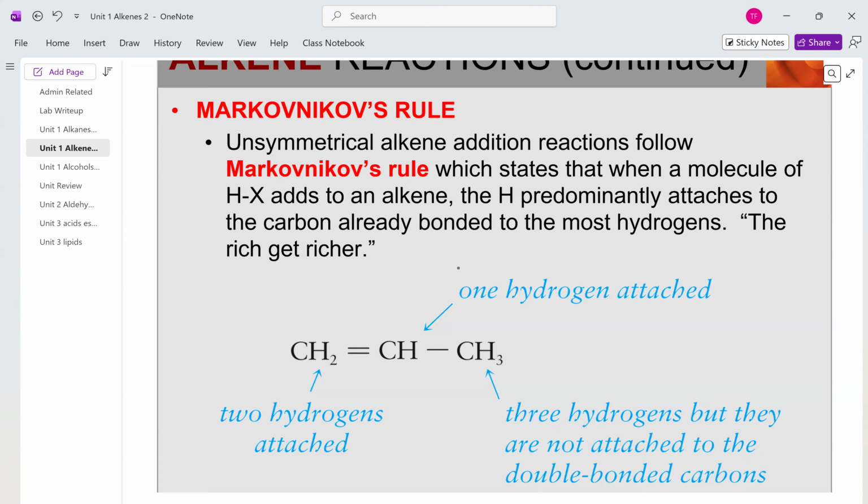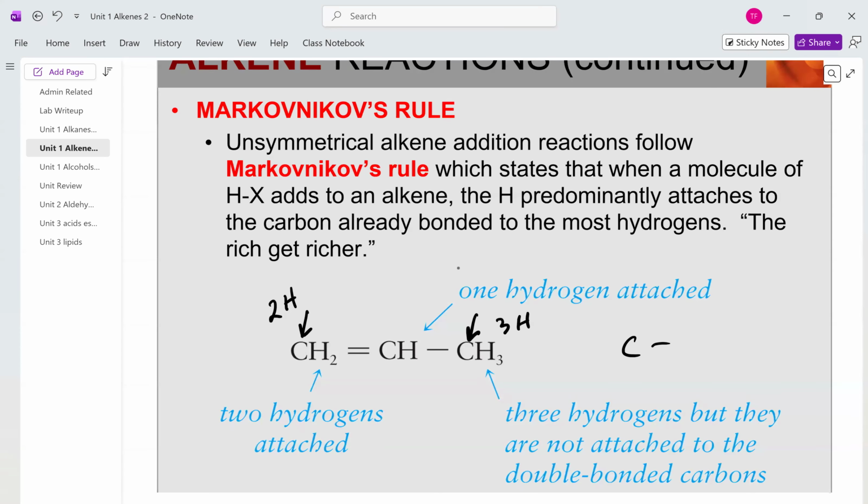And he said the terminal carbons, so that's a terminal carbon. You count the H's. This has 2 H's. This has 3 H's.